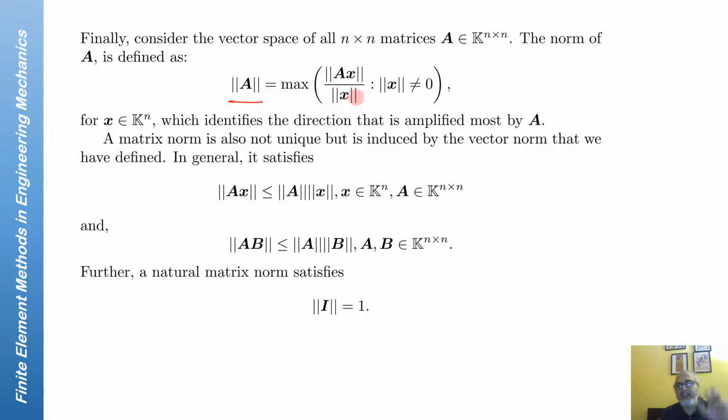Multiplication by A amplifies the vector x, and the max identifies the direction in which the amplification is the maximum. That's what the norm of a matrix means.